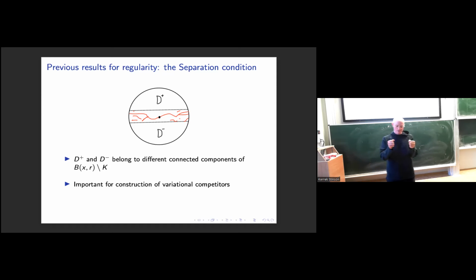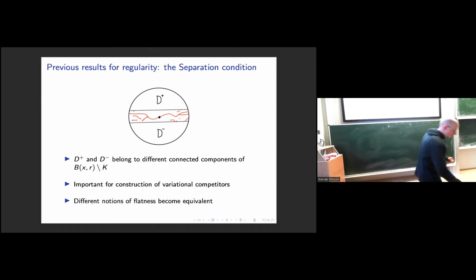Suppose this hand is the top side and this hand is the bottom side, and suppose I perturb my minimizer by pushing it this way and I pull it back on the bottom. If the crack is not totally separating, these two sides will see each other, and you'll have to pay for the elastic energy connecting the two sides. So once you're topologically separating, you don't have to worry about this.